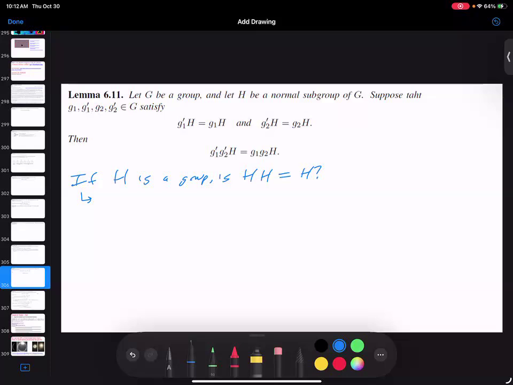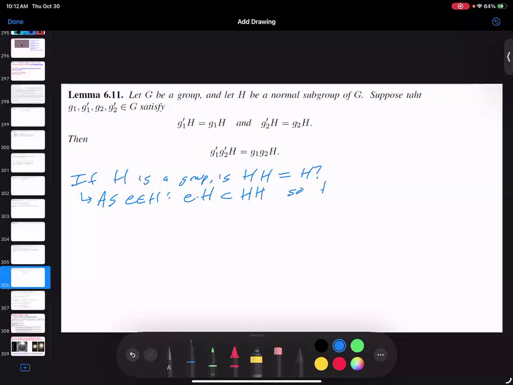Right. What's a good element in H? What's one element we know has to be in H? e. Yeah. So as e is in H, e times everything in H is clearly contained in HH.